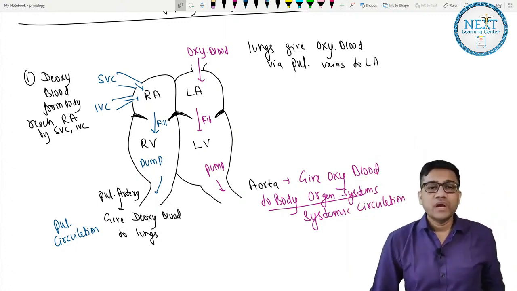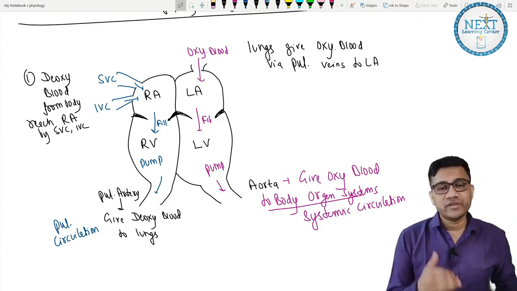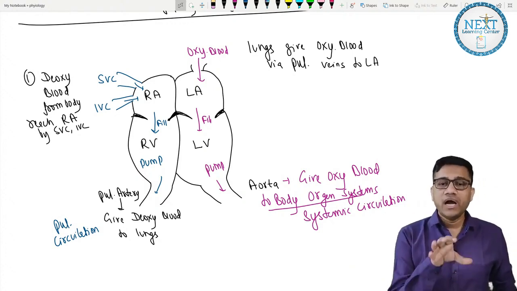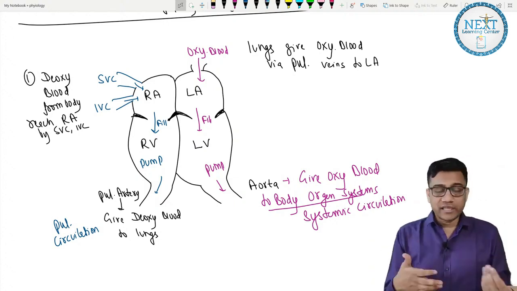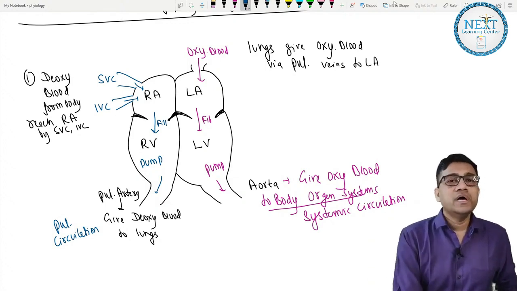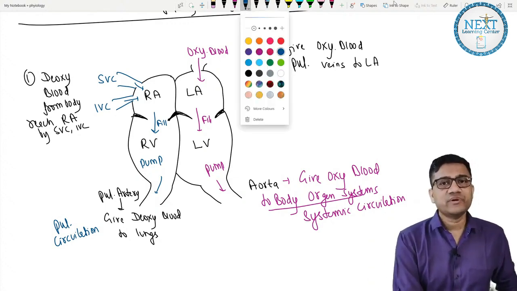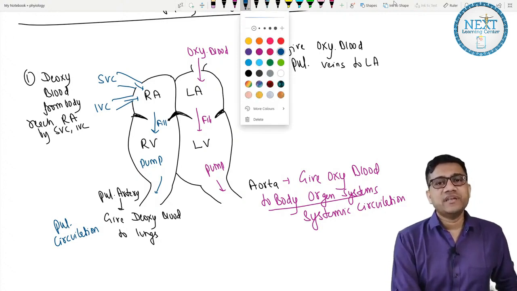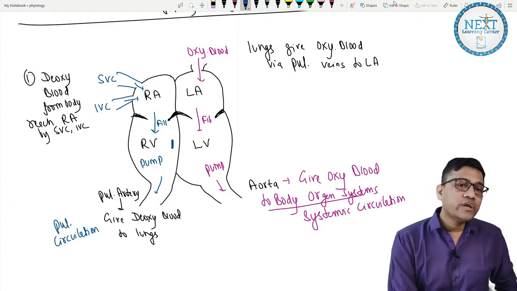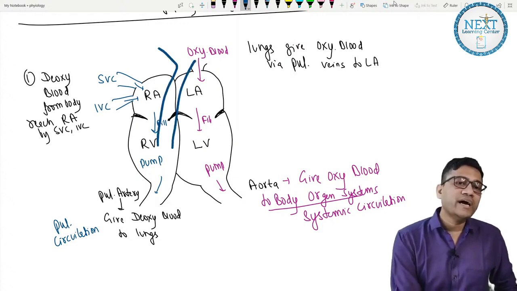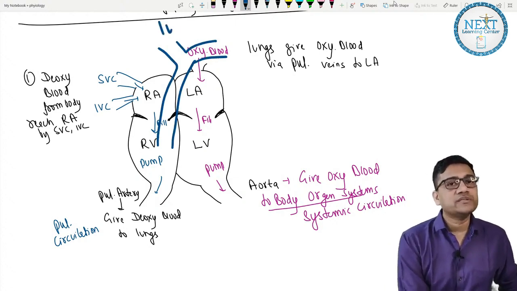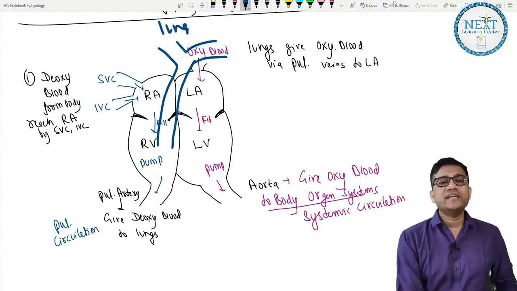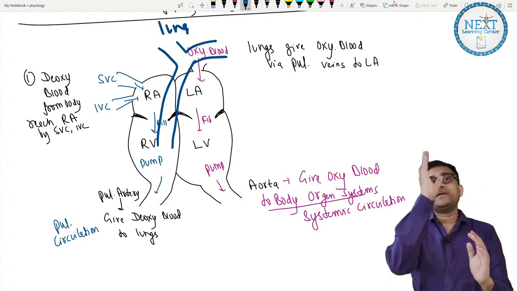Now you will ask me, sir, but we know that the aorta and pulmonary artery are not below the ventricles, they're rather pointing up. The reason is simple. The pulmonary artery is obviously going to go up to supply the right and left lungs, so it is pointing upward.